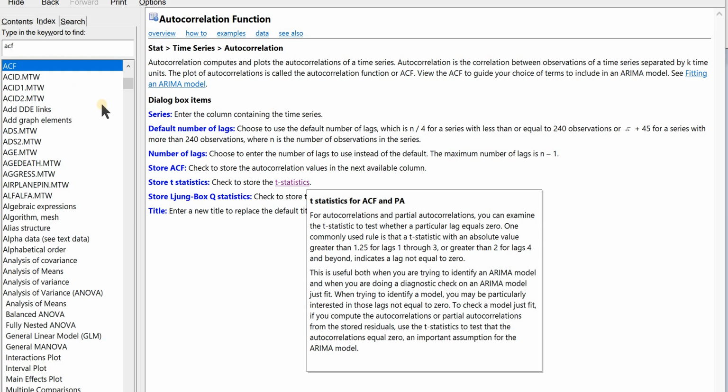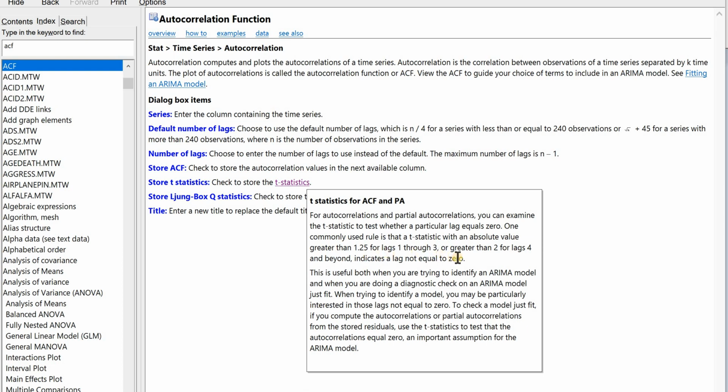Okay, so we can check the T statistic for autocorrelation and partial autocorrelation. For the first 3 lags, if the absolute value of the T statistic is greater than 1.25, we can conclude that the lag is significant.